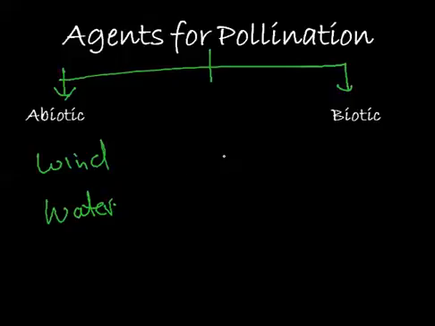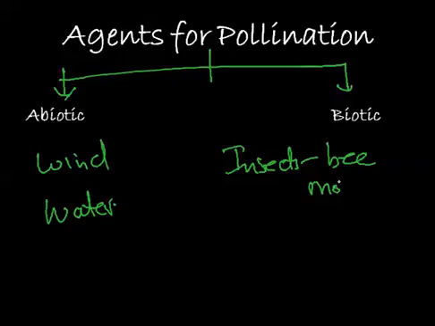So the major two are wind and water. In the biotic, we have insects like honeybee, moth or wasp. They help in transferring the pollen from one flower to another.